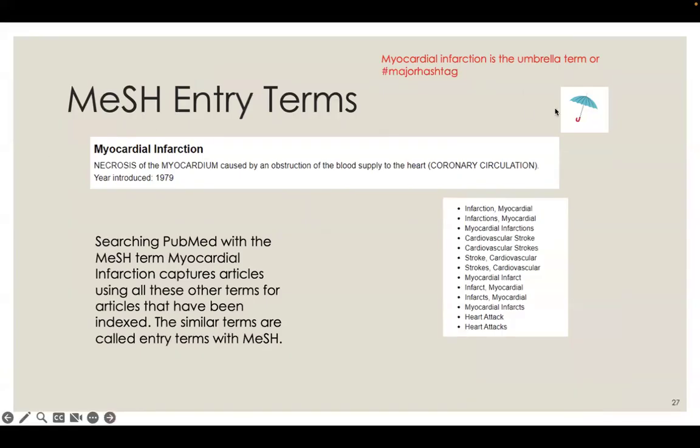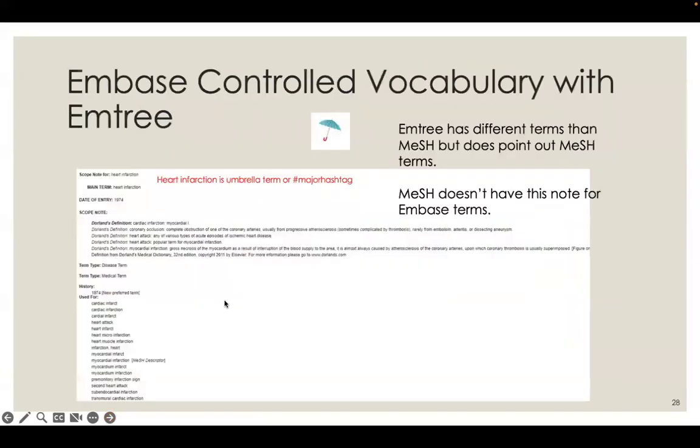So basically, this is like a little umbrella term here. Myocardial infarction is the umbrella term for heart attack in PubMed and in Ovid Medline. So whatever the authors called that, it's going to catch these if you search here. That's the idea behind that.